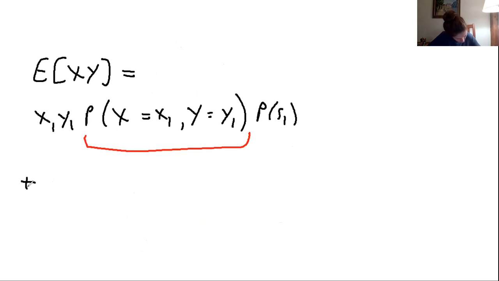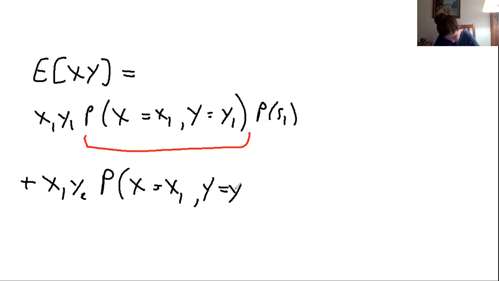Plus, next I will consider x1 matched with y2. I considered all the x1 matched with y1, and then I have x1 matched with y2. That's a possible result. Maybe y generated y2, x generated x1. So that would be this times the probability of x equal to x1, y equal to y2.